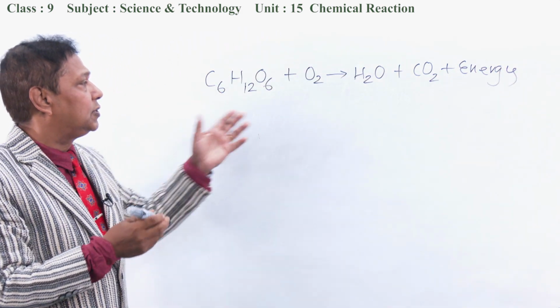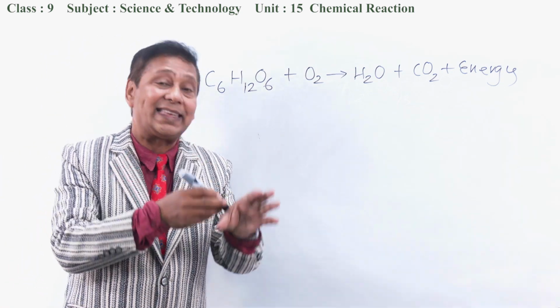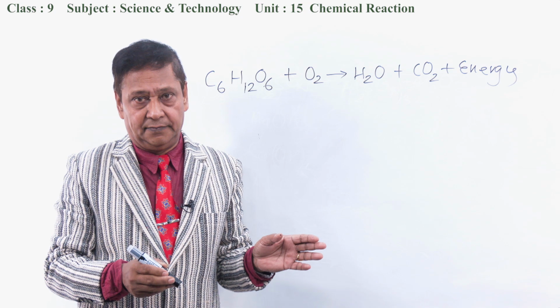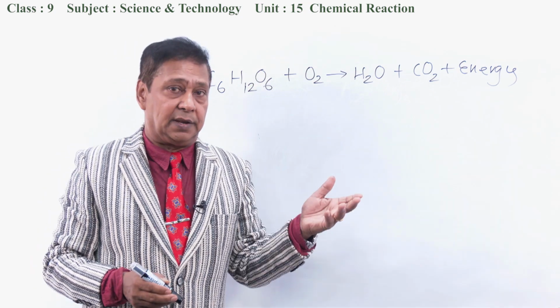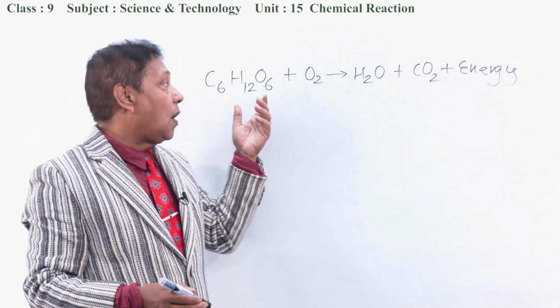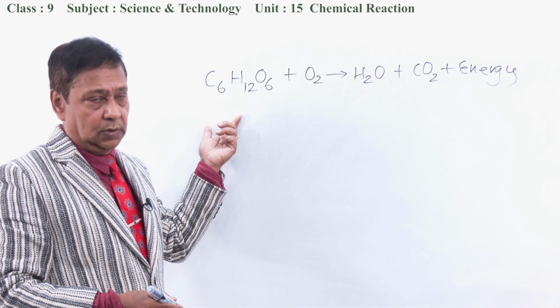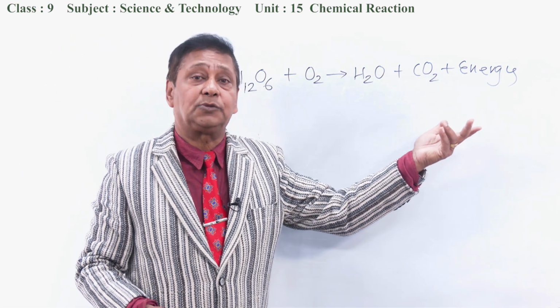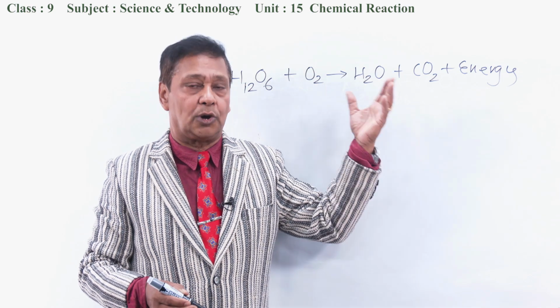Look, this reaction takes place in the cells of each and every living organism, whether animal or plant. This is called respiration. Respiration is the oxidation of glucose, which gives water, carbon dioxide, and energy. Since energy is produced, that's why it is an exothermic reaction.